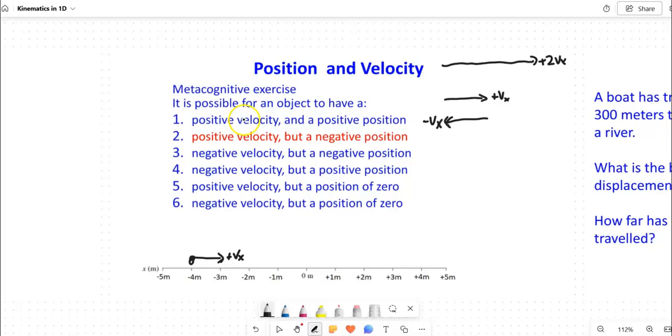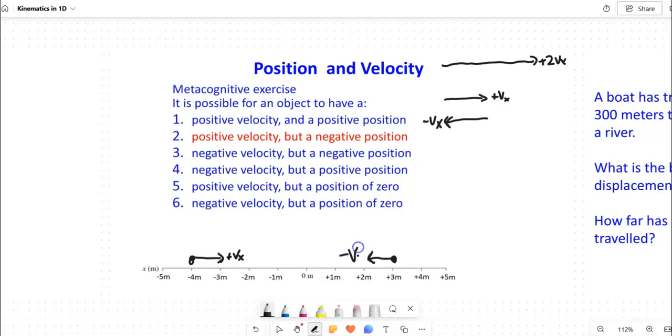Is it possible to have a positive velocity and a positive position? Yes. We just answered that. You could have a negative velocity and a positive position as well. What that means is if you're standing here at the positive 3 meters position, that vector could be pointed to the left.